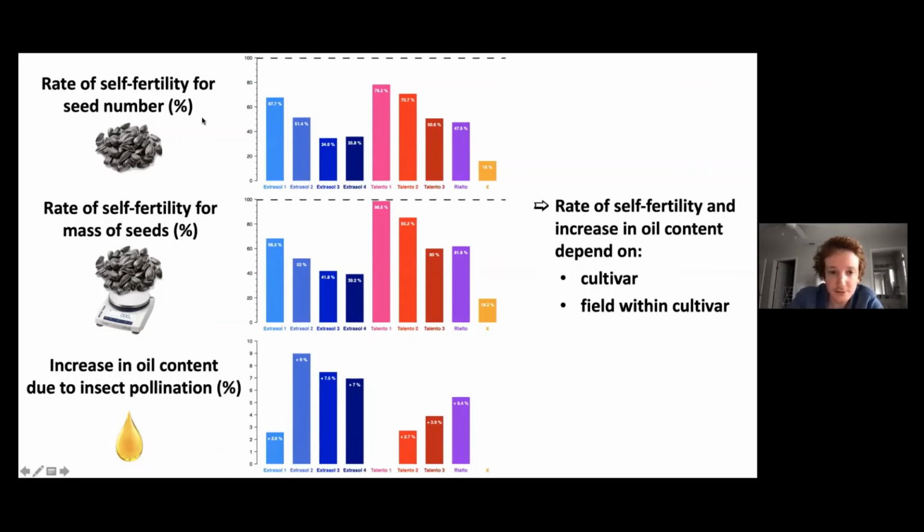For instance, with the cultivar Extrasol, we can see here that the fields Extrasol 3 and Extrasol 4 had a rate of self-fertility for seed number around 35%, while it was, for instance, close to 68% for the field Extrasol 1.